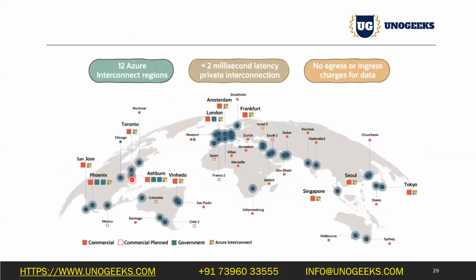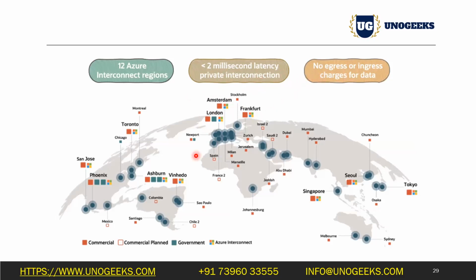And these are the 12 Azure interconnect regions, like we already saw in the previous slide, which have this Azure interconnect symbol. These are some of the locations or regions where you already have the interconnect. These 12 interconnect regions have only 2 milliseconds latency. So if you have interconnection between OCI and Azure, the latency is very low.